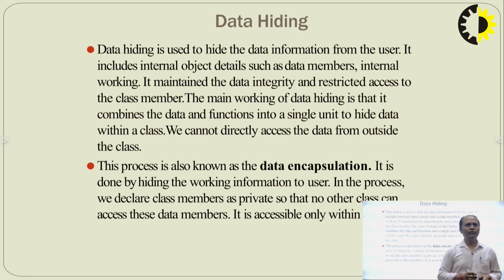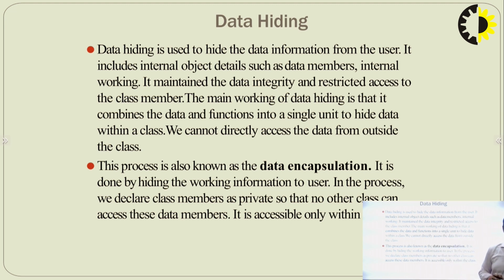The main working of data hiding is to combine the data and functions into a single unit to hide the data within the class, so we cannot directly access the data from outside the class. This process is known as data encapsulation.